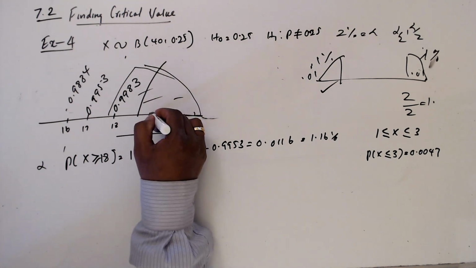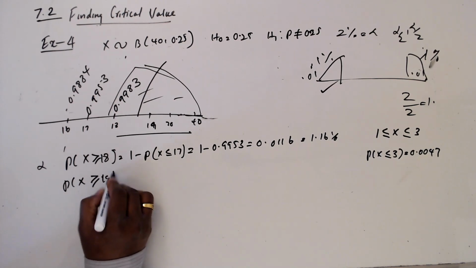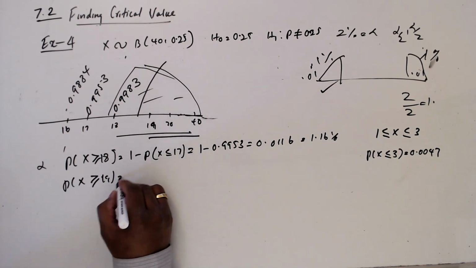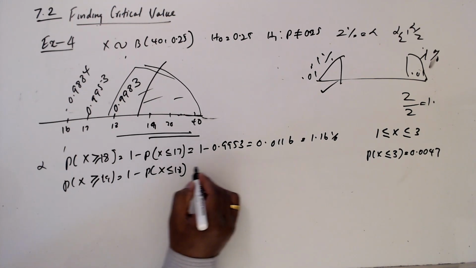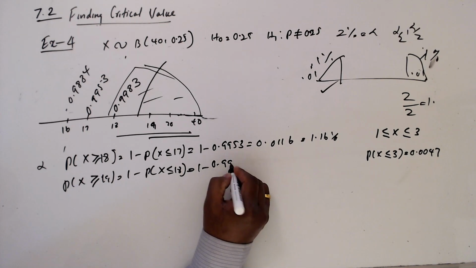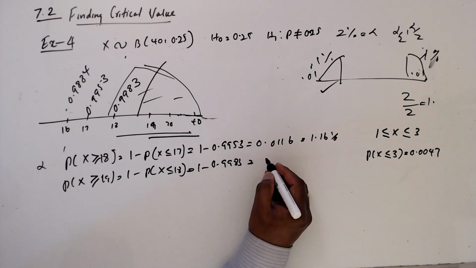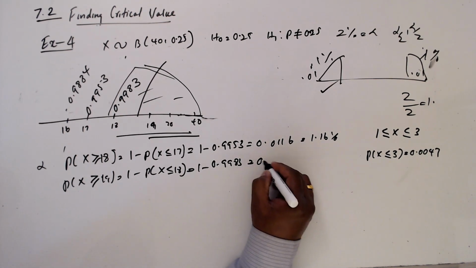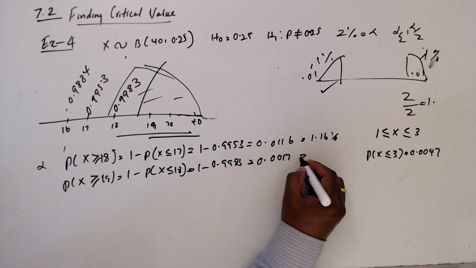We'll take up to 19, probability of x greater than or equal to 19, from here to here. 1 minus the probability of x less than or equal to 18, this is 1 minus 0.9983, so that value is 0.0017.